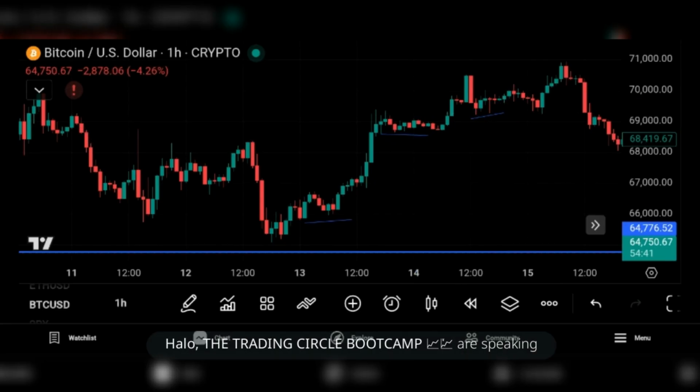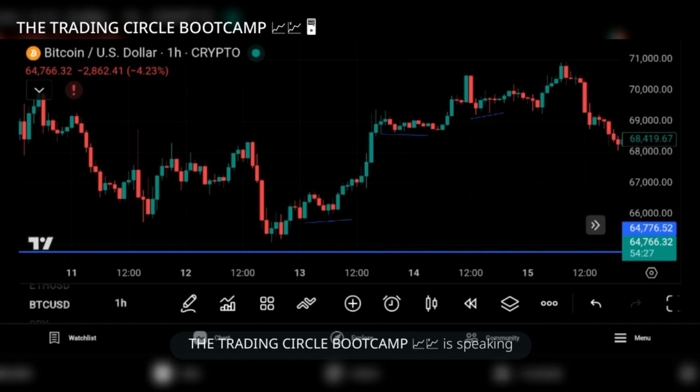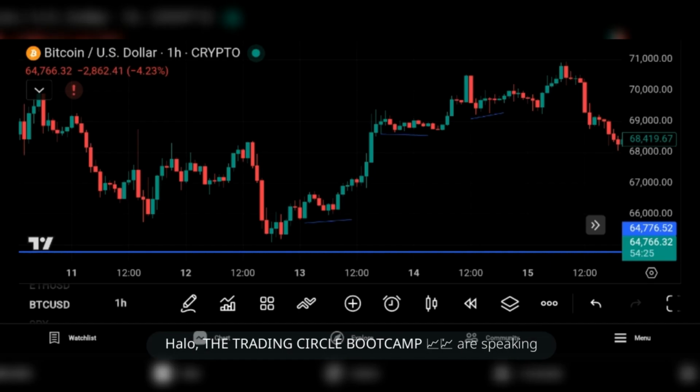Okay, you guys can see the markings, right? 1, 2, 3. Now this is our first low, this is the higher low, and this is the third higher low. So this movement is an uptrend. Now for the higher highs, let me mark the higher high.